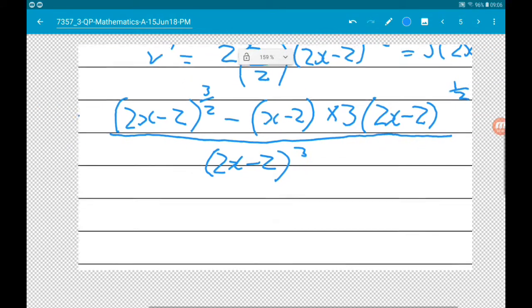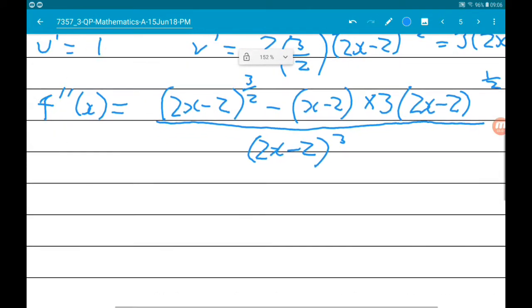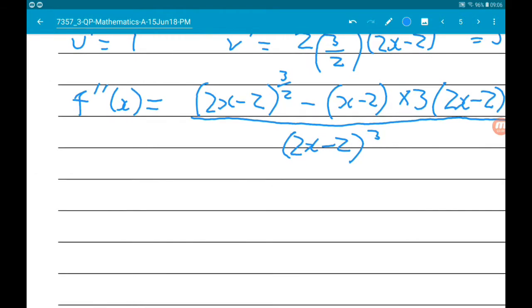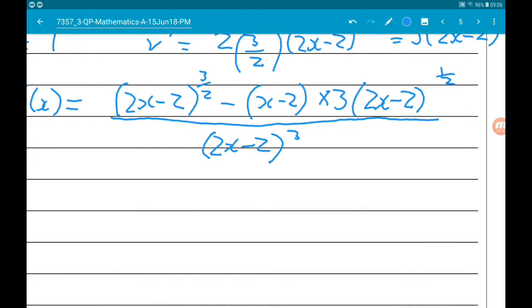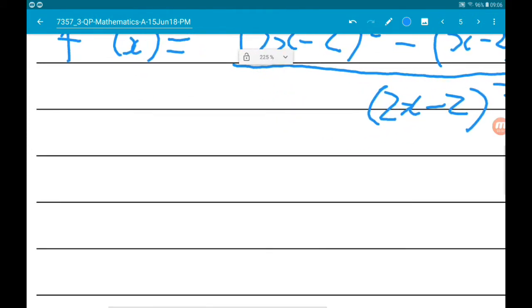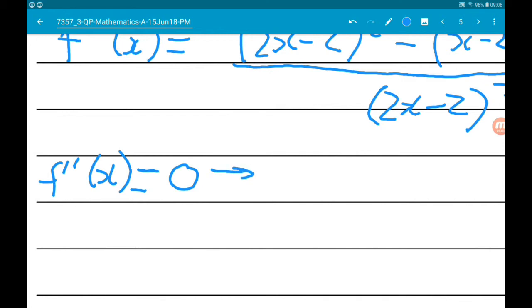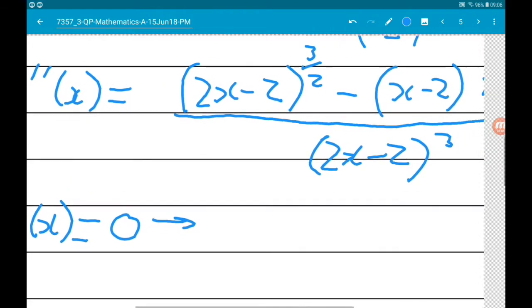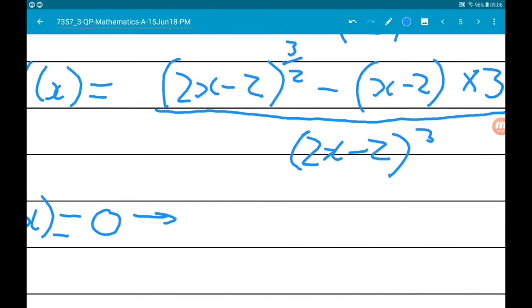Okay, so remember that at the point of inflection, this stuff is equal to 0. So f double dashed equals 0 means that all of this stuff here is equal to 0.